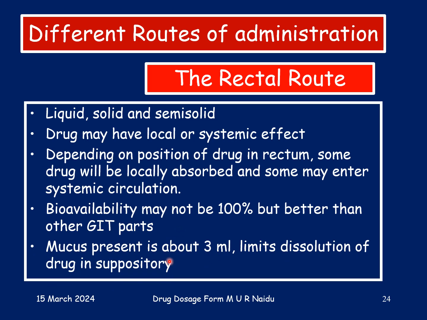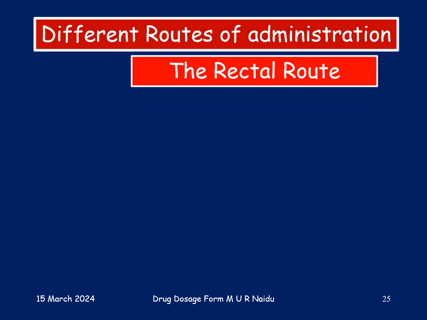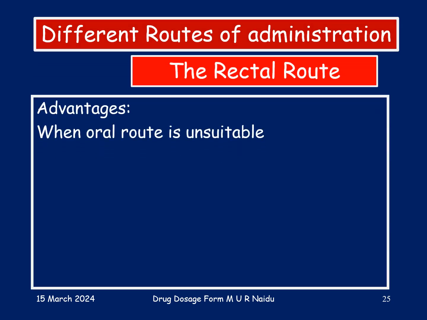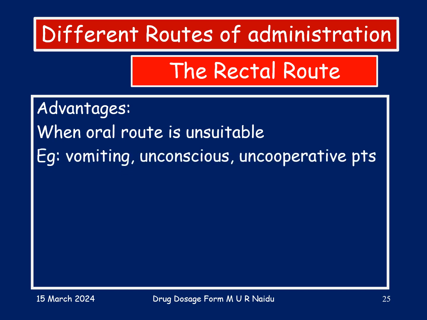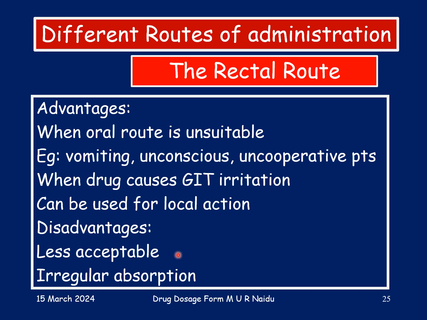Mucus presence of about 3 ml limits the dissolution of drug in a suppository. Rectal route advantage: when the oral route is unsuitable, rectal is useful, for example vomiting, unconscious, or uncooperative patients. When a drug causes GIT irritation, it can be used for local action. Disadvantages: less acceptable and irregular absorption.